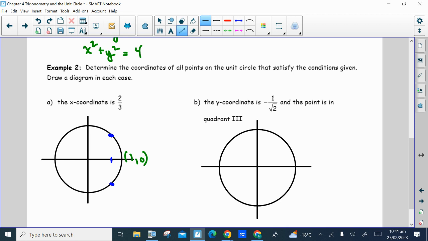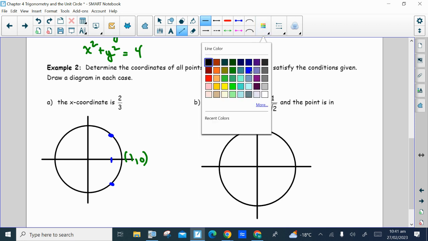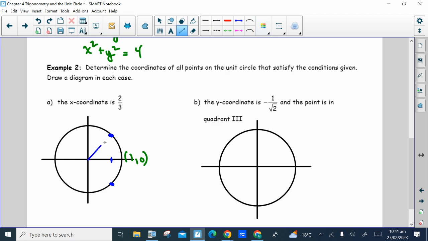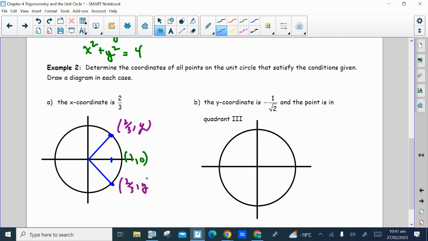These two terminal arms that I'm about to draw would have an x value of positive 2/3. So the coordinates there would be 2/3, comma, y, and in that case, the y value would be positive. But in the fourth quadrant, the y value would be negative.